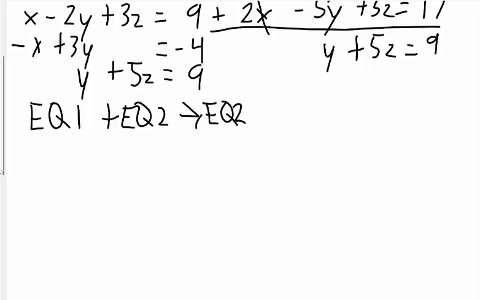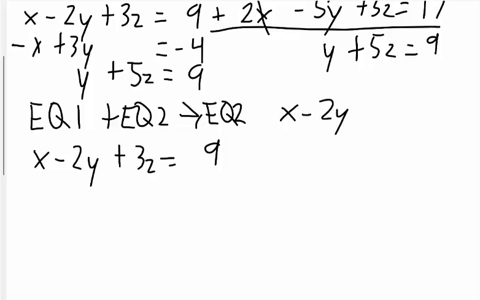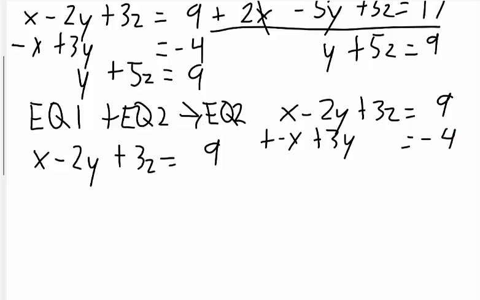Our equations: we have x minus 2y plus 3z equals 9. Now let's just do the addition. So let's write it again. x minus 2y plus 3z equals 9. And we're going to add that to negative x plus 3y equals negative 4.